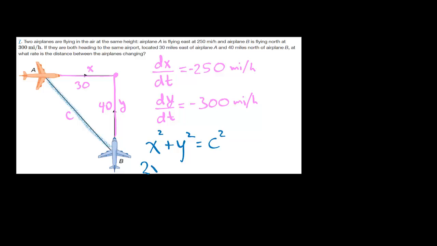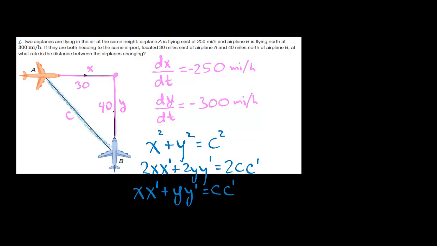So I've got 2x, and let me just call this x prime, and just understand that's dx/dt. And then we've got 2y, y prime, equals 2c, c prime. And I've got 2's throughout, so let me just divide by 2. I've got x x prime plus y y prime equals c c prime.